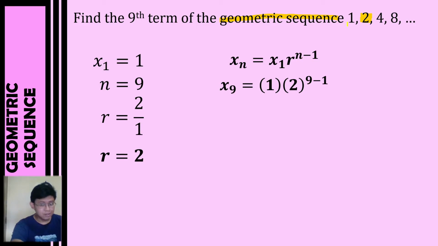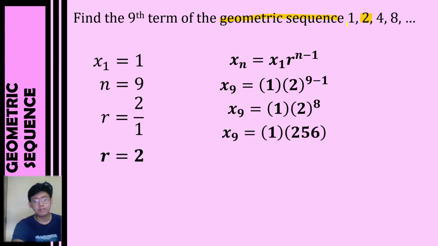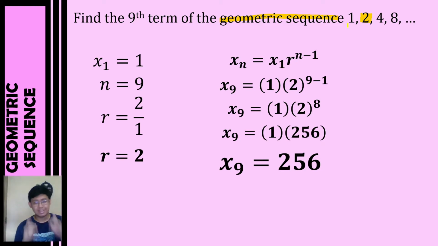Let's simplify our exponent. 9 minus 1 is 8. So 1 times 2 raised to 8. 2 raised to 8 is 256, and 256 times 1, our ninth term of this geometric sequence is going to be 256.